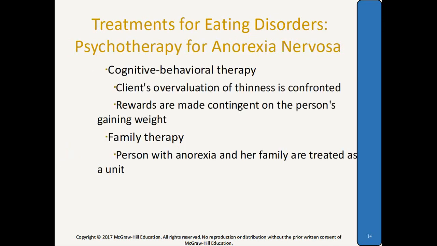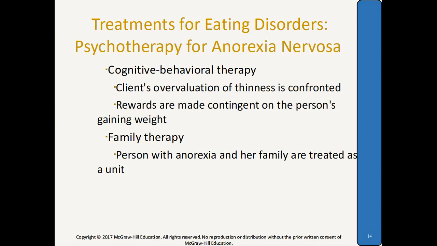Many of the treatments that are available and effective for individuals with eating disorders really do involve psychotherapeutic interventions, and they are along the realm of two primary intervention categories of cognitive behavioral therapy as well as family therapy.